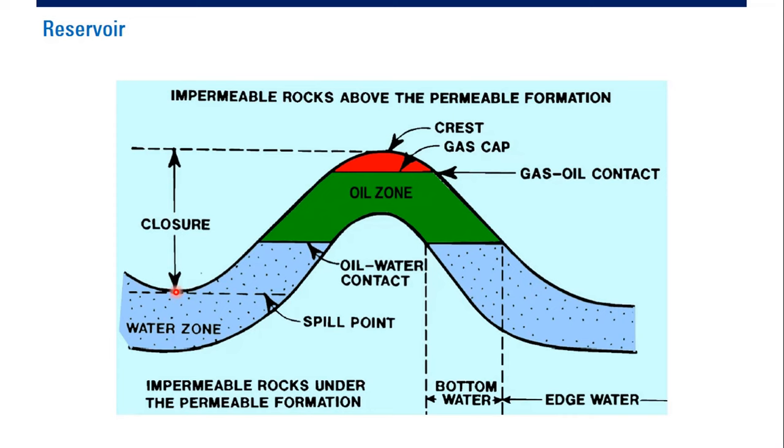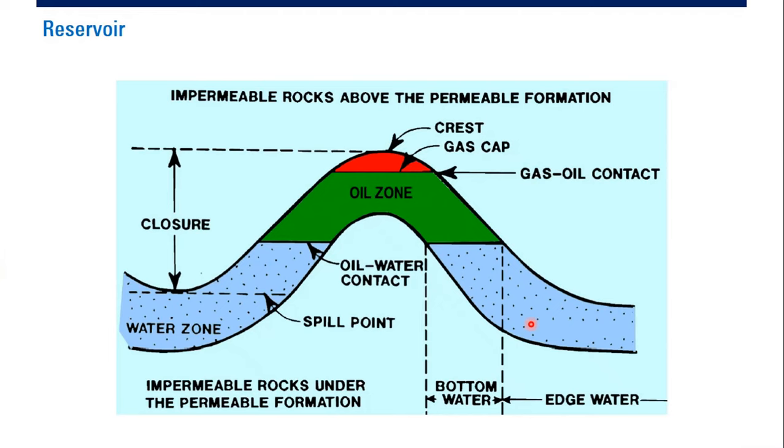If we go to the left, water will go everywhere. The term spill means things scatter and go everywhere, so if we go to the left past the spill point, water will go everywhere because there is no anticline at the left.